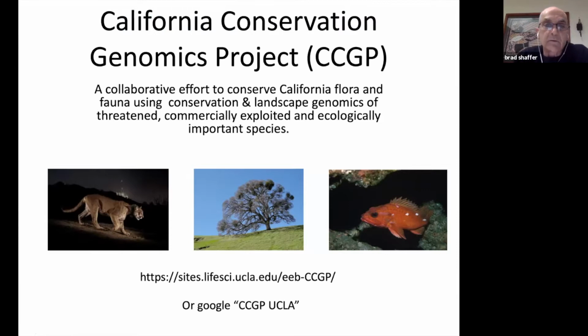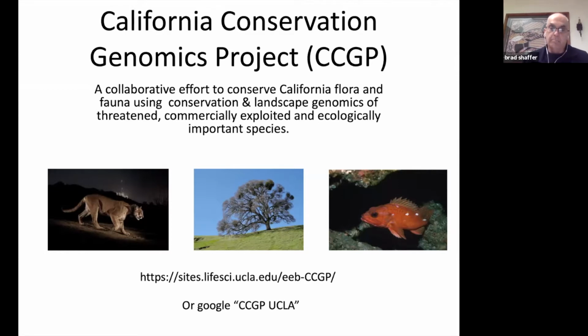Okay, so the California Conservation Genomics Project, or CCGP. As you know, it's a collaborative effort to use genomics to help promote and ensure conservation within the state of California.